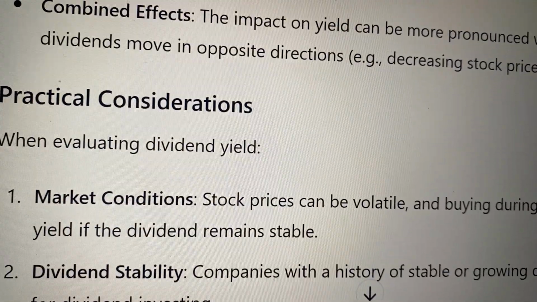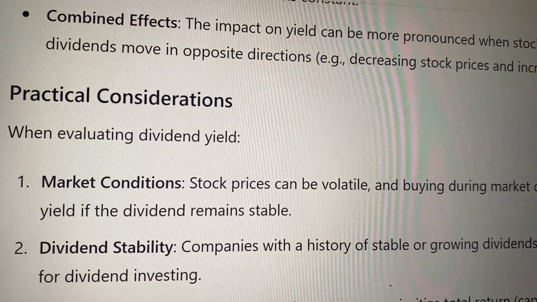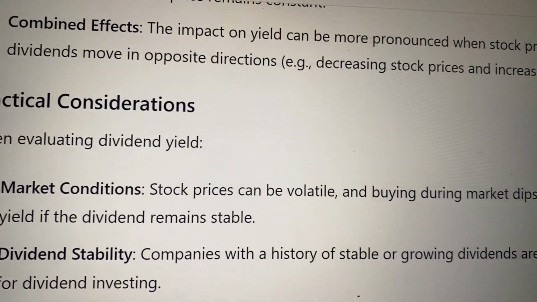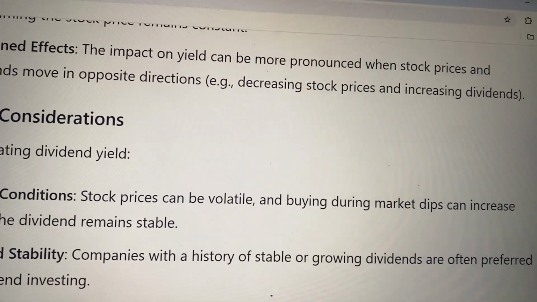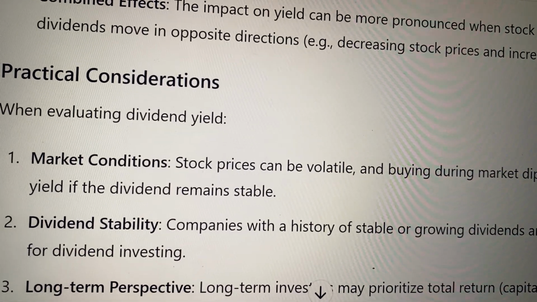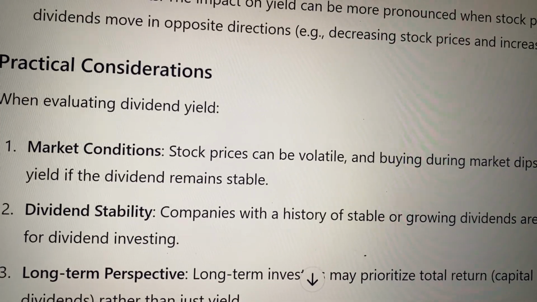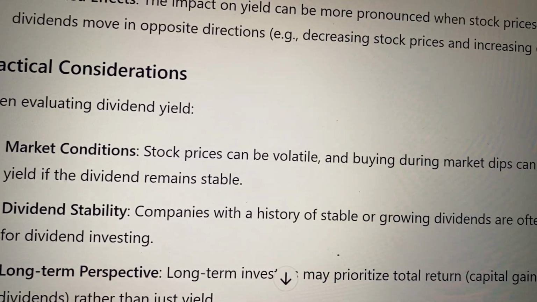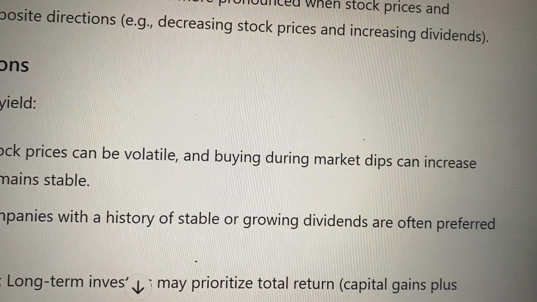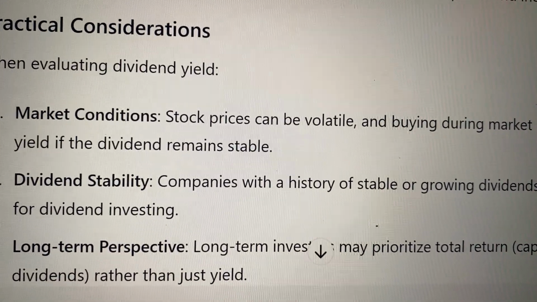And here are some practical considerations to be aware of when evaluating dividend stocks. One, market conditions. Stock prices can be volatile, and buying during market dips can increase yield if the dividends remain stable. Dividend stability. Companies with a history of stable or growing dividends are often preferred for dividend investing.